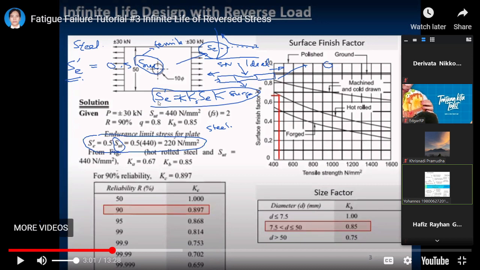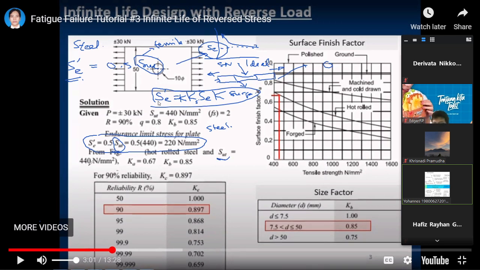Here we have some correction factors applied on this equation. We have the ultimate tensile known as 440 megapascal, so we can estimate that the endurance limit is half of it, 220 megapascal.